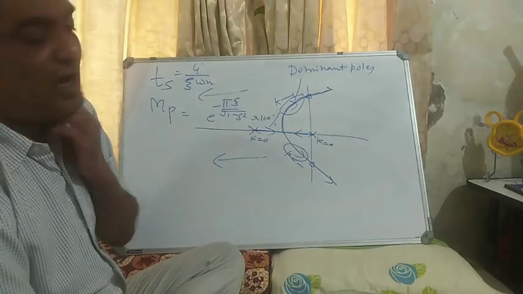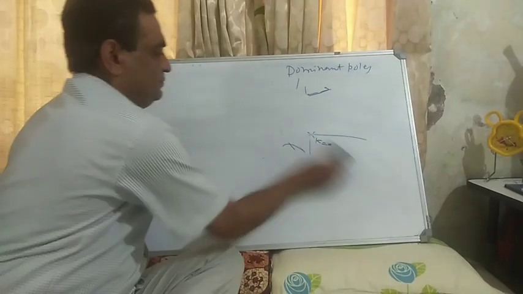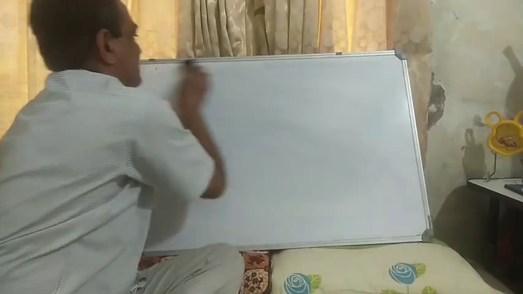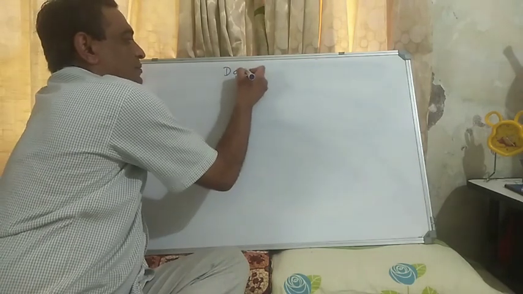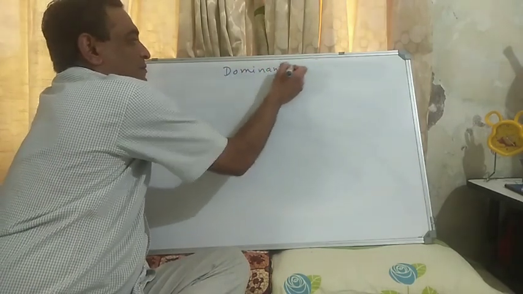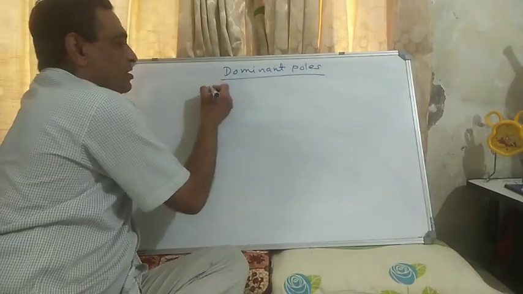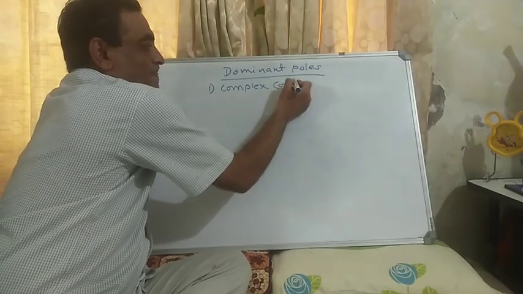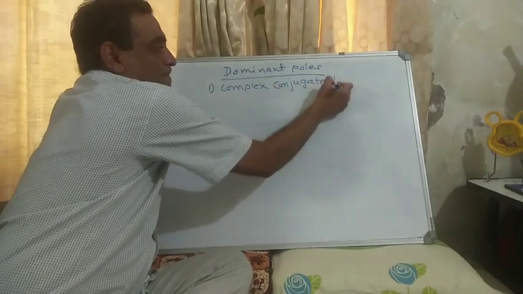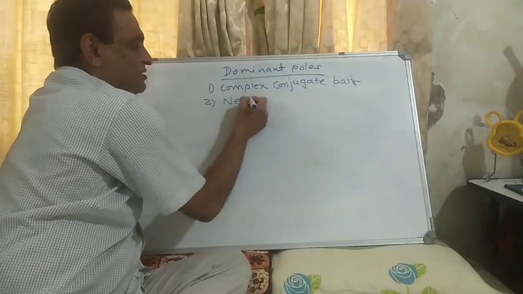So let us understand how to calculate the dominant poles first. Because they are dominating the response, they occur in complex conjugate pair. Second, they are near to the imaginary axis.